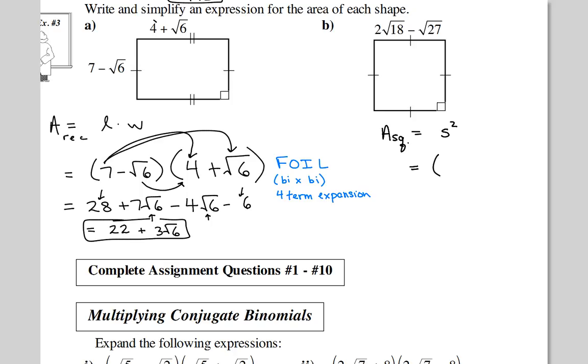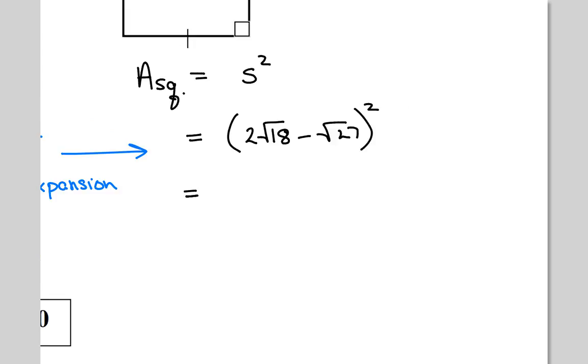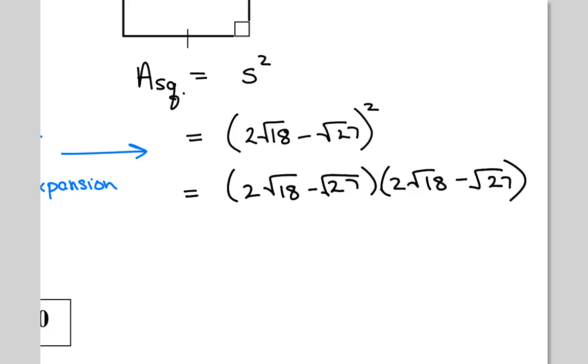So that random side is 2 root 18 minus root 27, and it all has to get squared. And this also is done using a binomial expansion. Because when you square something, you have to repeat it twice. You repeat the base, which is this 2 root 18 business. You repeat it twice. And then you FOIL.